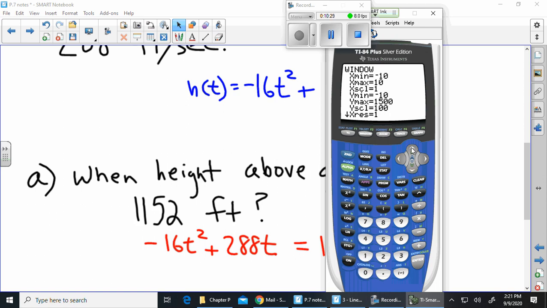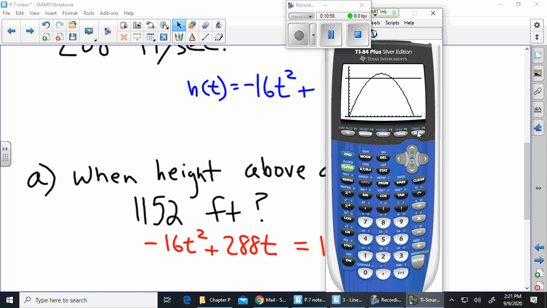Now X, t is time. It's not going to be that long and it's not going to be negative. So I just do like trial and error, -1 to 20, let's say, to start. If I graph it, there's the quadratic, there's 1152.